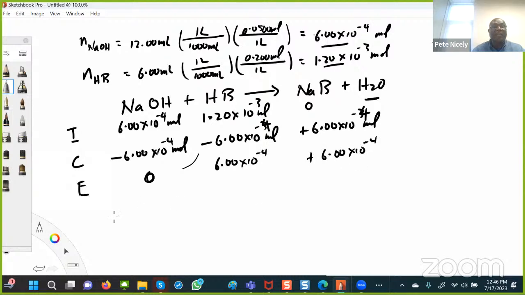Okay, so guess what? At the end of this reaction, the only two things remaining will be the acid and the conjugate base of the acid. In other words, what do we have here?